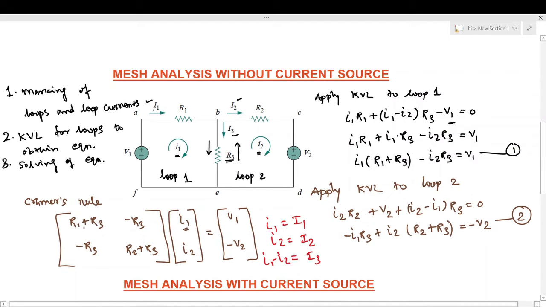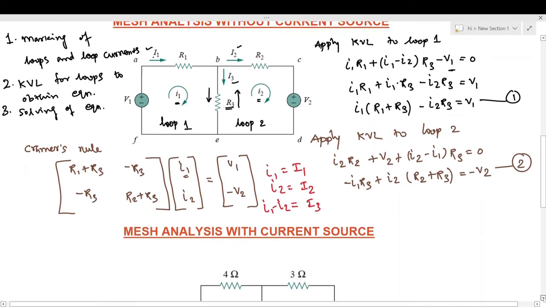Now, from the Cramer's rule matrix form, we have found the mesh current values I1, I2, and from this we can easily find out the values of branch currents. Next, we will see the mesh analysis with current source.